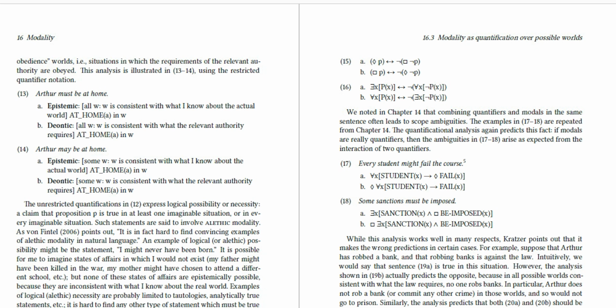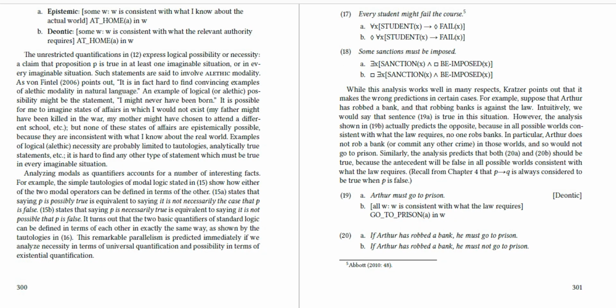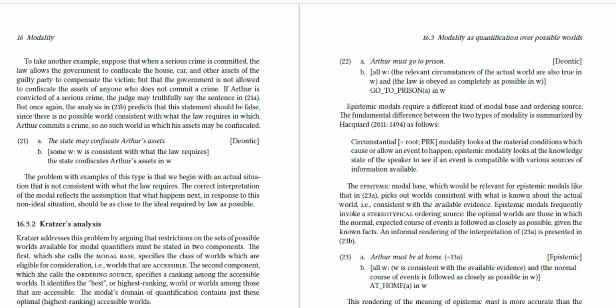With behavior, we say it's deontic, or with rules and authority. For the knowledge, it's about epistemic. Okay, in the next page, we have example 21.